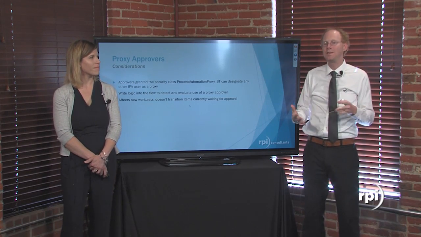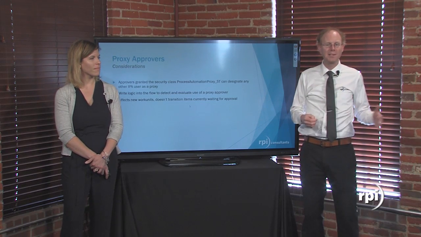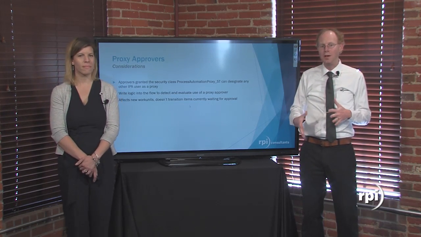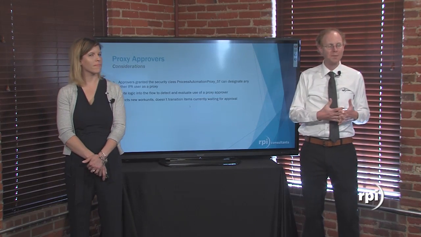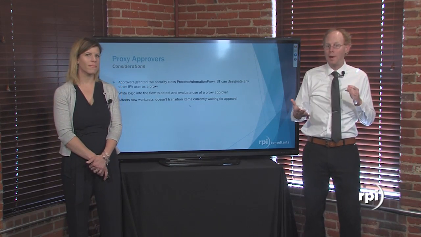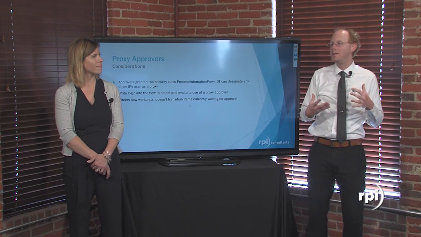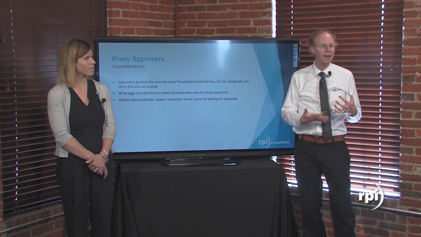Well, the system isn't going to stop me from assigning any user who has a user profile definition record in IPA as my proxy. But as a flow developer, you're going to have that data available.